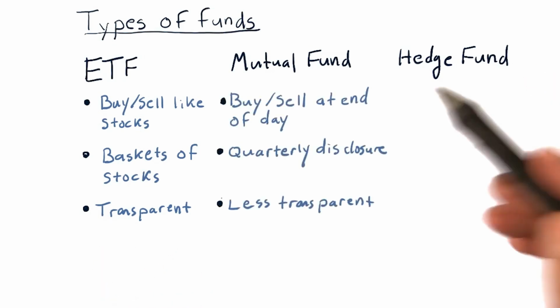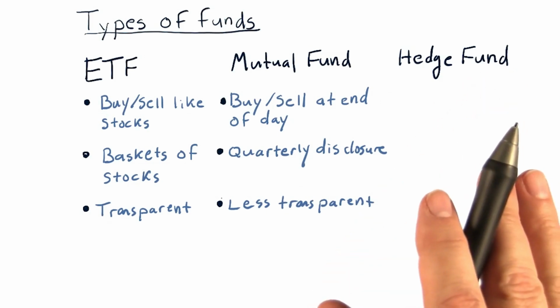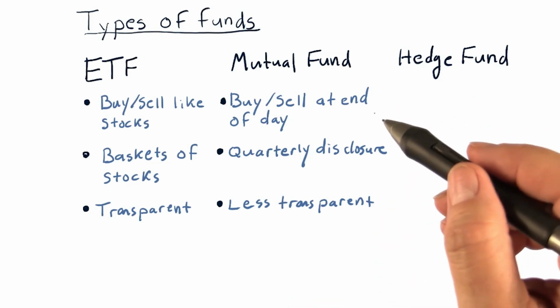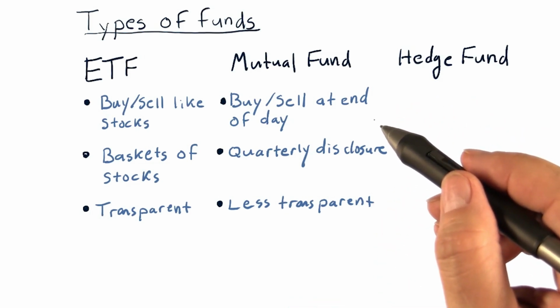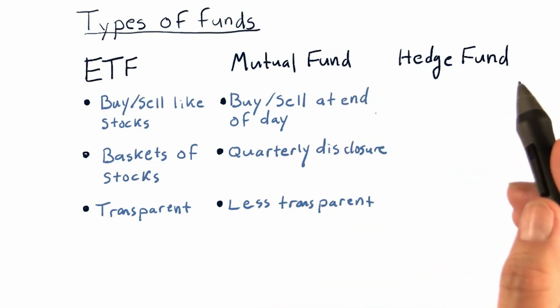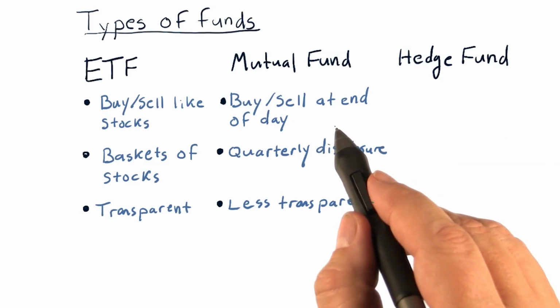Mutual funds are somewhat similar to ETFs in the sense that they have a declared goal or mechanism. In other words, they're, for instance, trying to track the S&P 500 or some other such goal, but they're a little bit different. First of all, you can only buy or sell mutual funds at the end of the day.